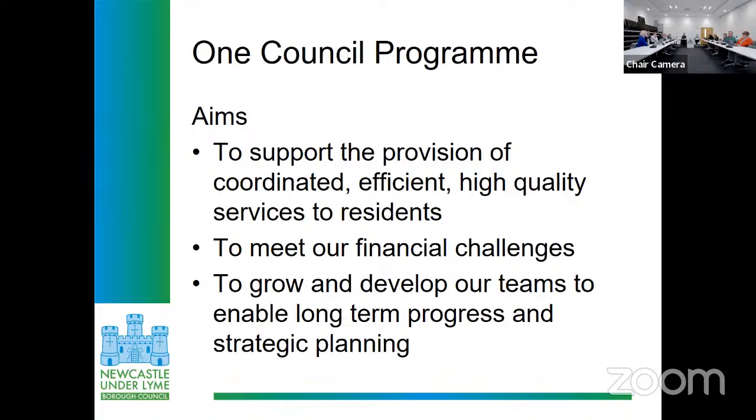So the programme is aiming to save money and actually use that money for the benefit of the residents, and to grow and develop our teams to make sure that we are supporting people to be able to do their best for the council, but also to progress and be empowered to make long-term strategic decisions around how their working lives progress. So it's not just money saving, but equally it's not just about the people. It's all of those things combined, with an aim of actually improving things all around.